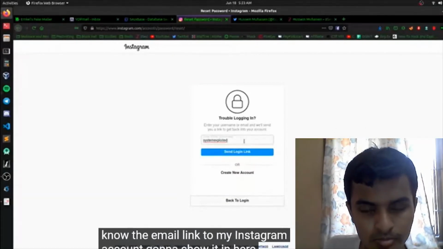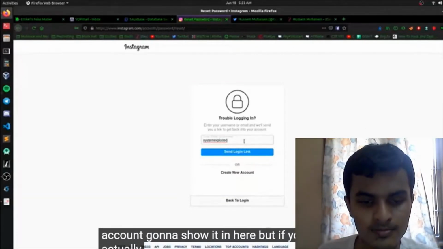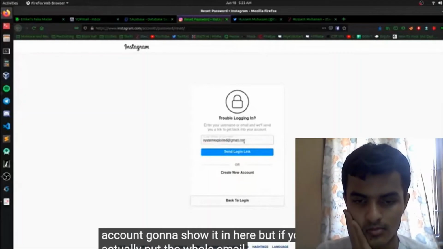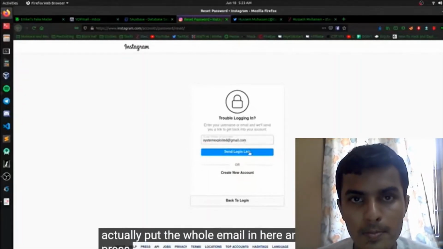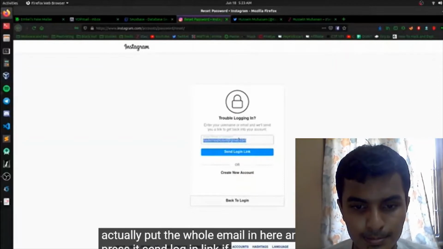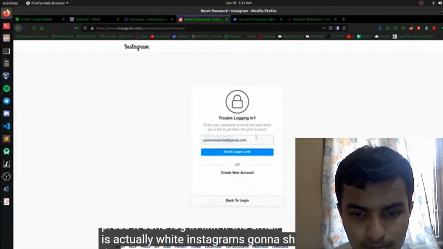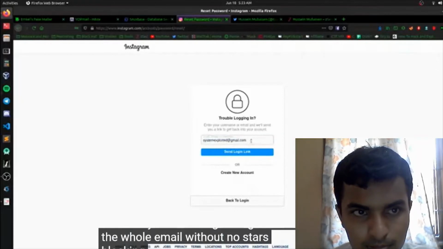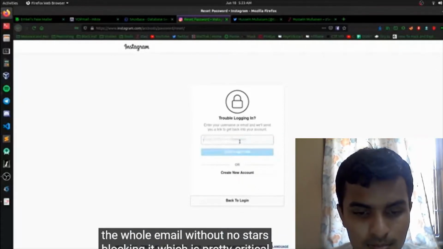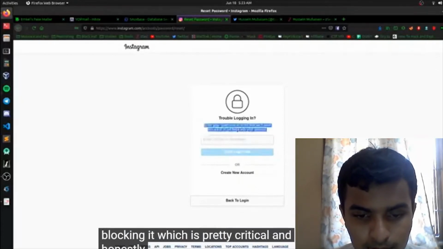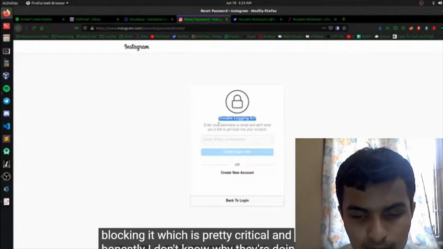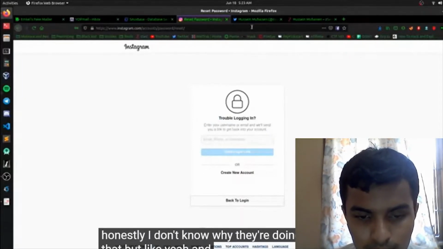I'm not gonna show it in here, but if you actually put the whole email in here and press send login link, if the email is actually right, Instagram is gonna show the whole email without stars blocking it, which is pretty critical. And honestly, I don't know why they're doing that, but yeah.